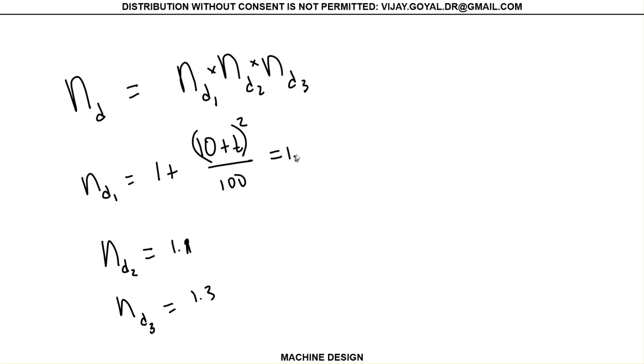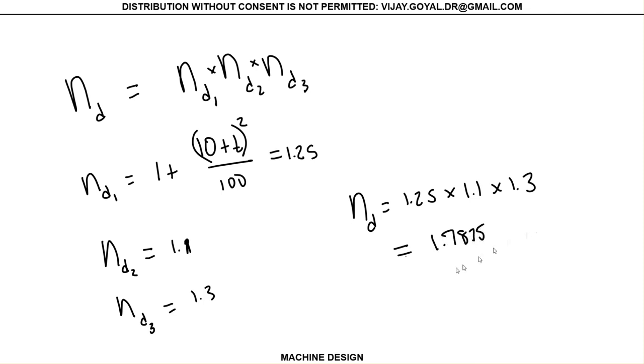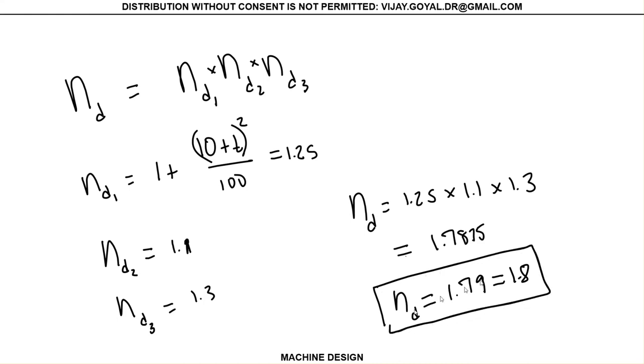For the example we did, this is 1.25, so your real design factor would be 1.25 multiplied by 1.1 multiplied by 1.3. If you multiply that, you get 1.75. Two decimal points is good enough, or many times you can just round it up. So this is your design factor.